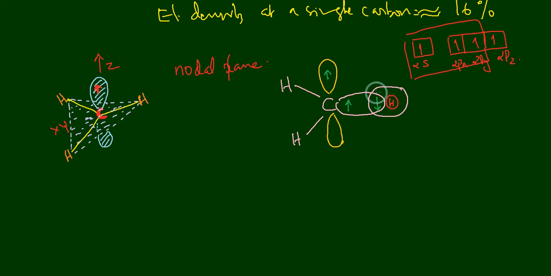And the hydrogen electron has the spin down, and since the hydrogen electron has the spin down, the hydrogen nucleus is expected to have the spin up. This is what we are assuming here. The hydrogen nucleus is having a spin up because of the communication from here to here, and from here to here.